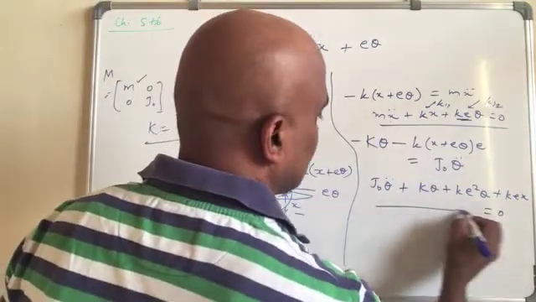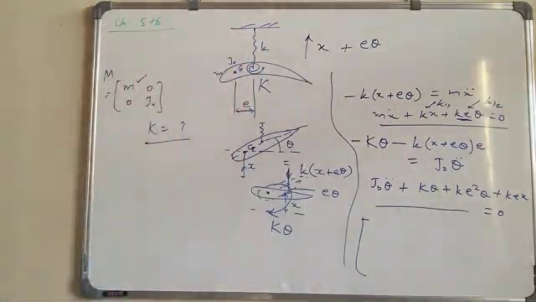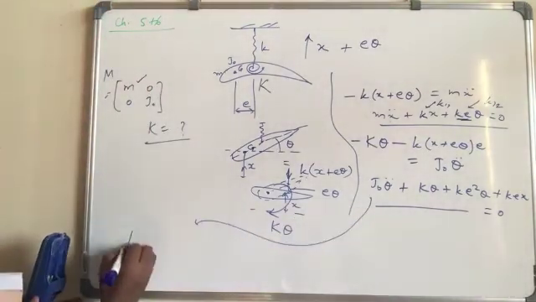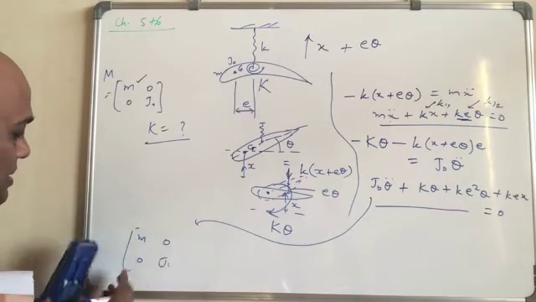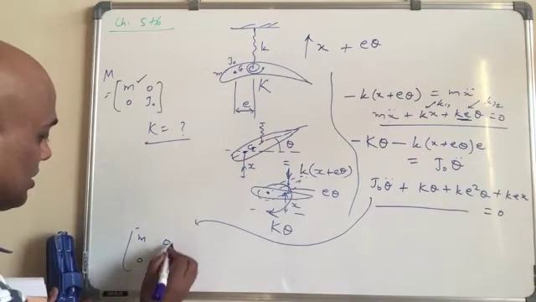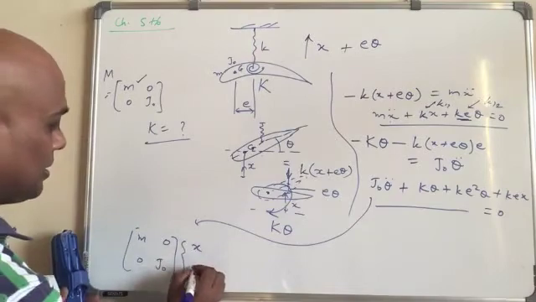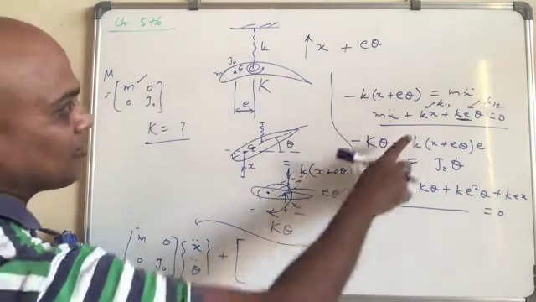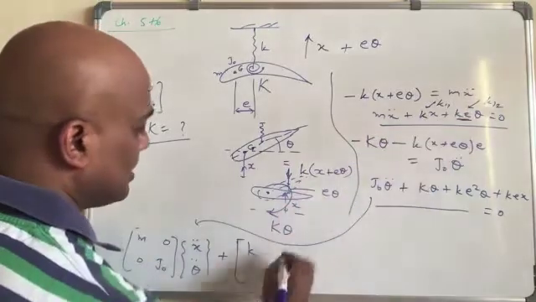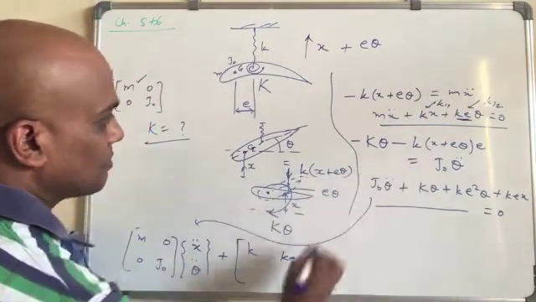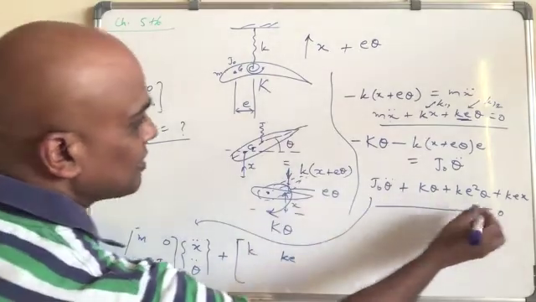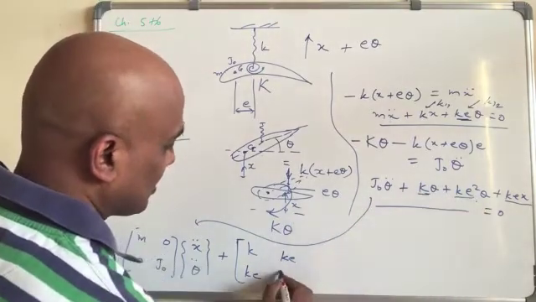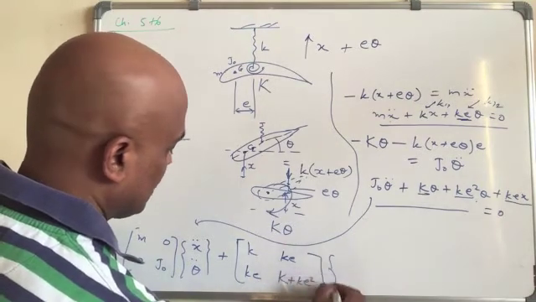Now this one and this one you can write together in matrix form: m, 0, 0, J naught, times x double dot, theta double dot, plus k, ke, and here also ke again, and then big K plus small k e square, times x, theta.